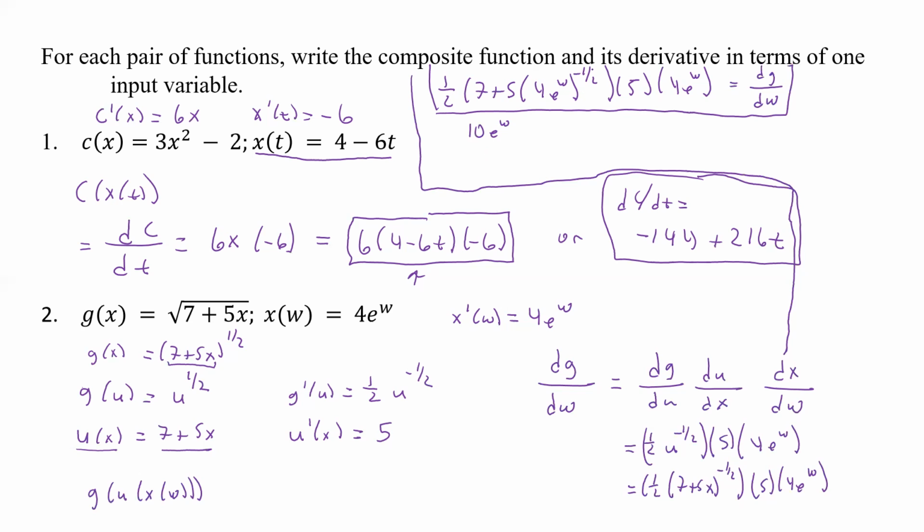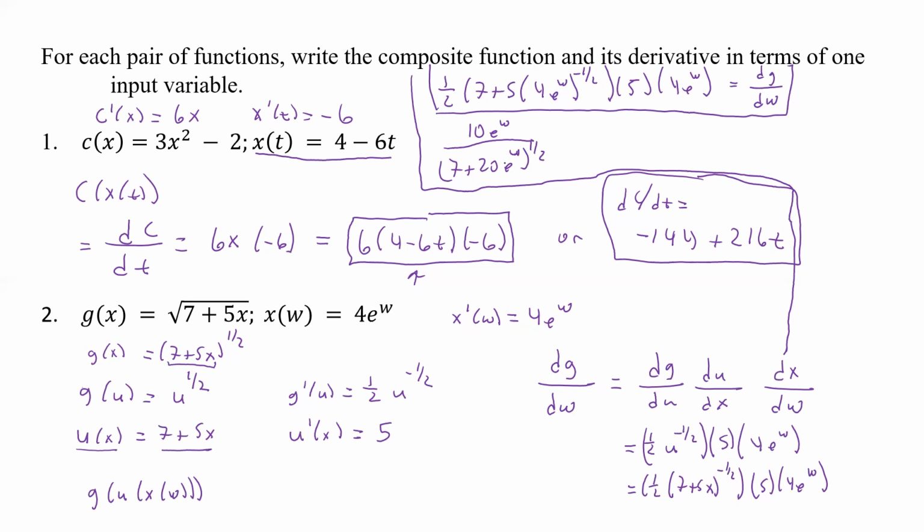Now, this is to the 1 half. So if we take that over, 7 plus 5, and then times, well, 5 times 4, let's go ahead and just simplify that while we're at it. So let's keep down our work here by simplifying. 5 times 4 is 20, e to the w, and then now it's to the positive 1 half.